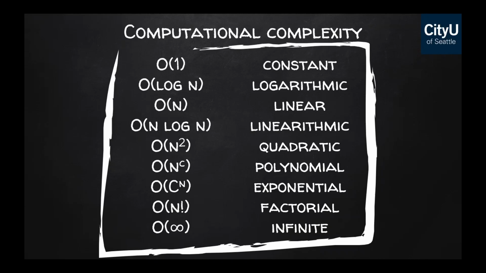Exponential is very dangerous by this point because you now raise the constant to the number of elements. And factorial, as you all know, is if you have a number, you multiply all the preceding numbers, 5 times 4 times 3 times 2 times 1. And infinite, that's Buzz Lightyear. Yeah.